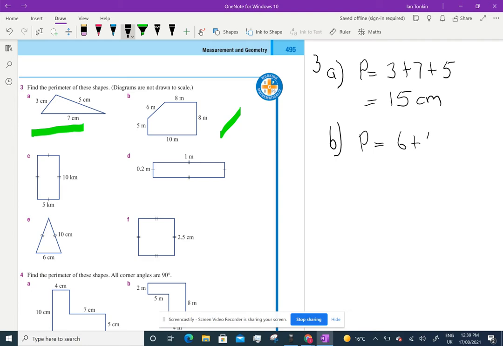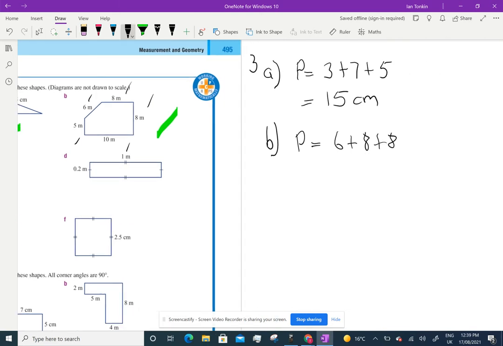I like to go clockwise, so going 6, 8, 8, 10, 5. 6 plus 8 plus 8 plus 10 plus 5. Now, I can do this in my head. 8 and 8 is 16, plus 6 is 22, plus 10 is 32, plus 5 is 37. Check the units. It's measured in metres. And away you go.